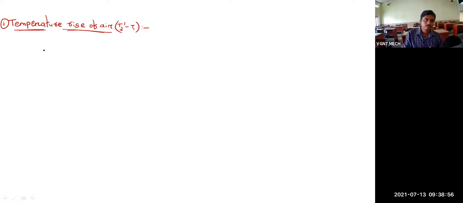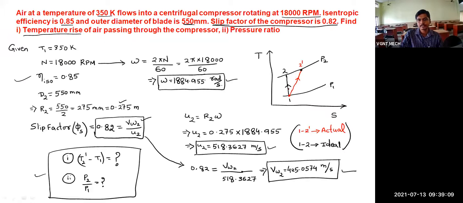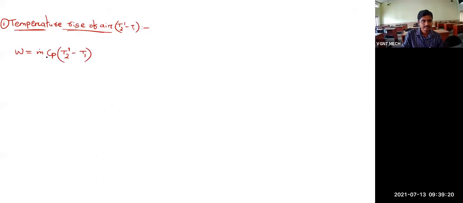So for this one, we have the work done formula equal to m Cp (T2 dash minus T1). If you take the actual compressor work, this red color line indicates the actual process. So actual compressor work is m Cp, high temperature is T2 dash, low temperature is T1.